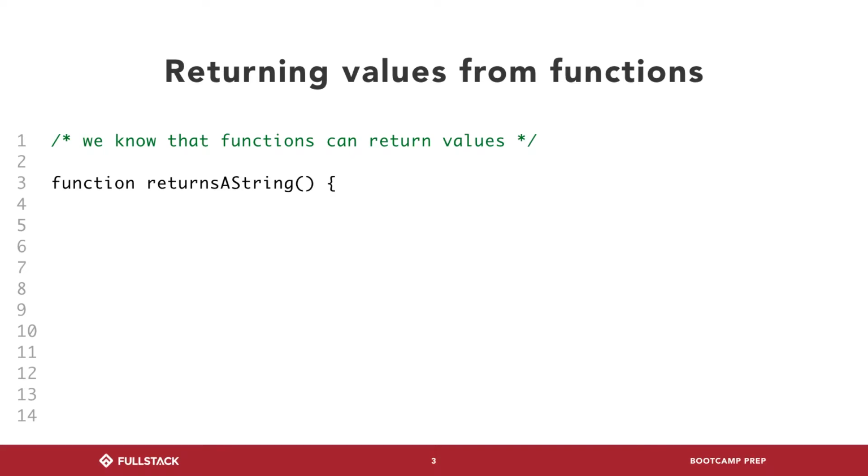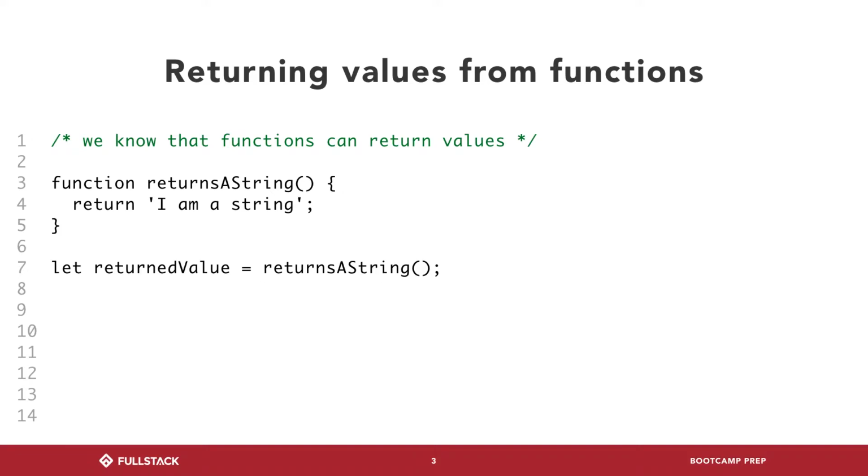Okay, so I have my returnsAString function, and it returns a string. Whenever I invoke the returnsAString function, the return value is going to be a string. On line 7 there, it's really important that I capture the return value of the returnsAString function in a variable, right?